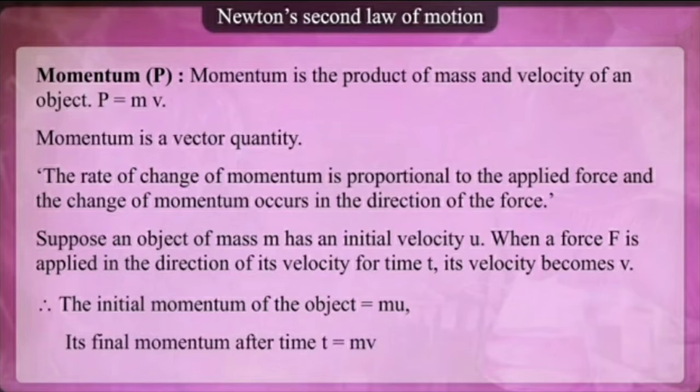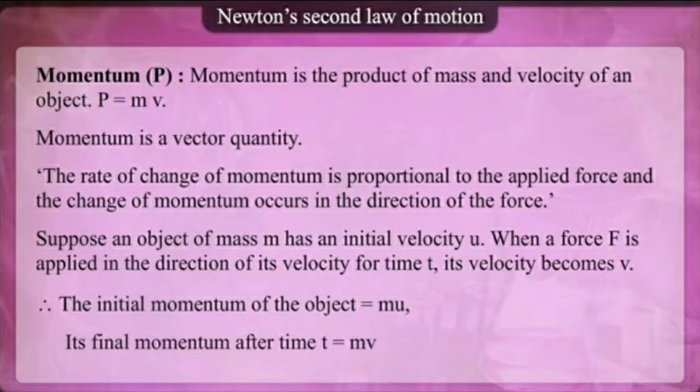So children, momentum, which is denoted by P, what is it? It is the product of mass and velocity of an object. That is P is equal to mv. M is mass and v is the velocity. Momentum is a vector quantity.